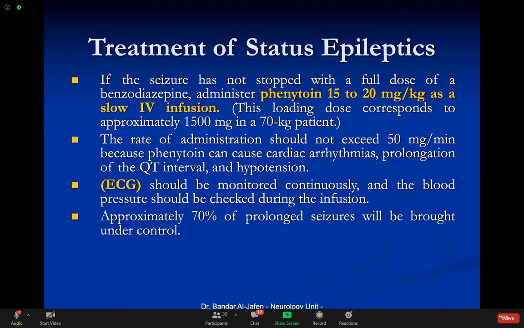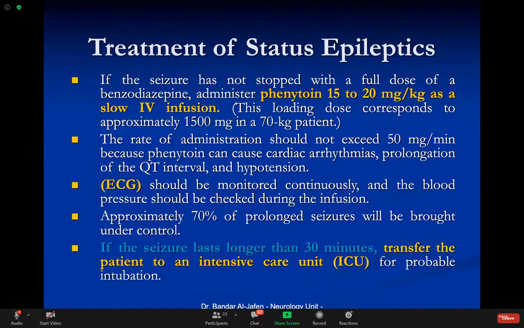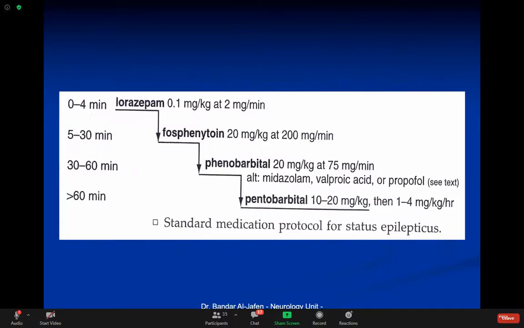70% of prolonged seizures will be brought under control with these methods. Some patients, if they're still seizing and they're not recovering their consciousness well, you might have to put them in the intensive care unit. They might need to be intubated. So here's a good diagram. You can start with lorazepam or diazepam, followed by phenytoin, or fosphenytoin, which is more rapidly releasing.